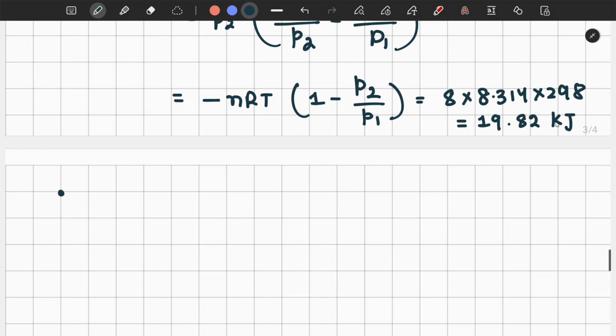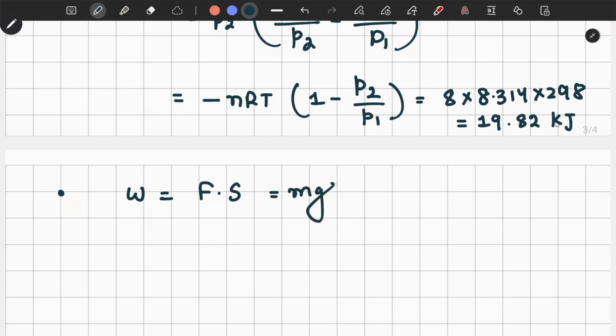Okay, so this work done is force into displacement. Force is mass times acceleration, mg, correct?